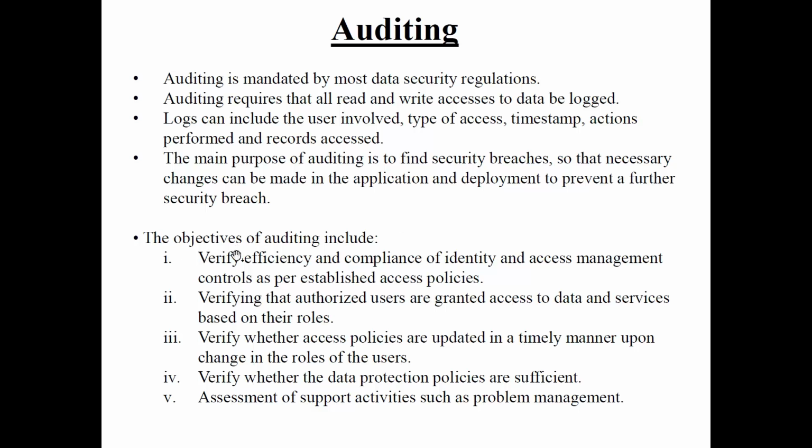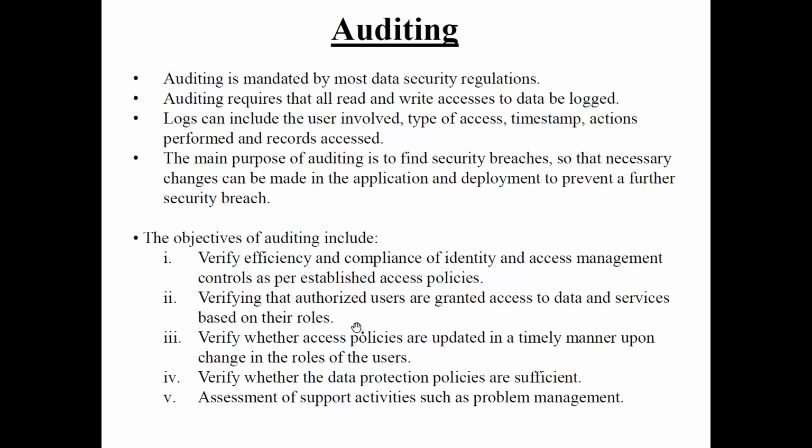Let us see what the objectives of auditing are. First is to verify the efficiency and compliance of identity and access management controls as per established policy. Second is verifying that authorized users are granted access to the data based on their roles. This is very important, as a user with a different role may have a different access privilege.